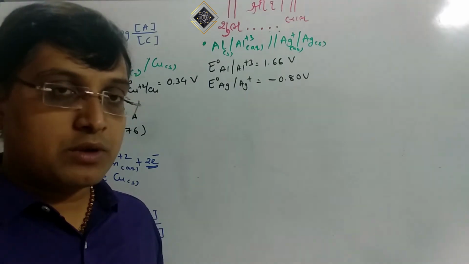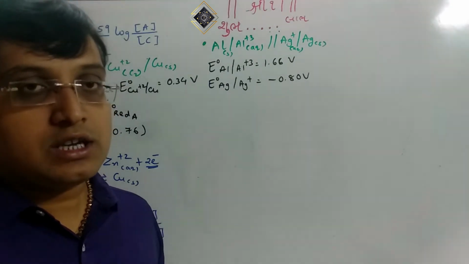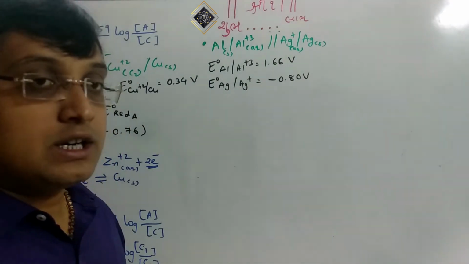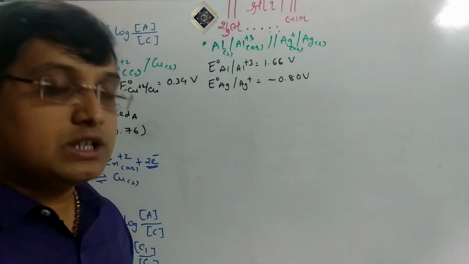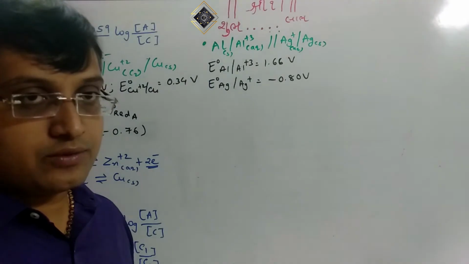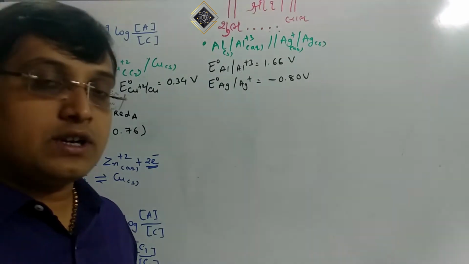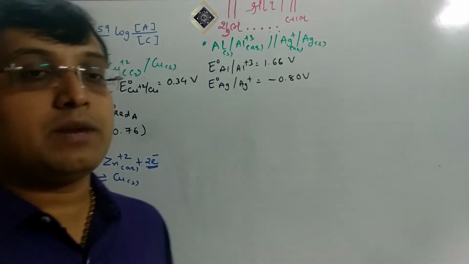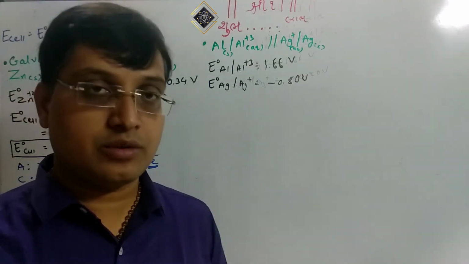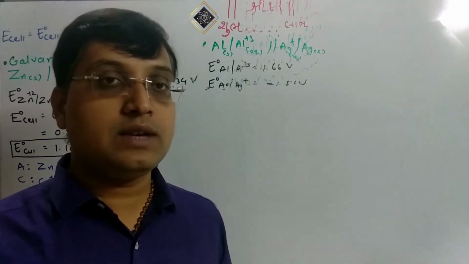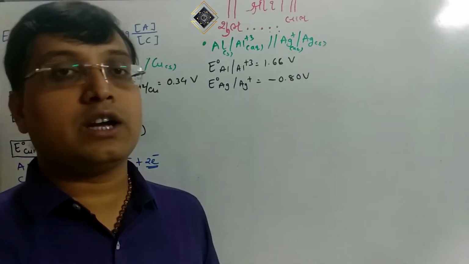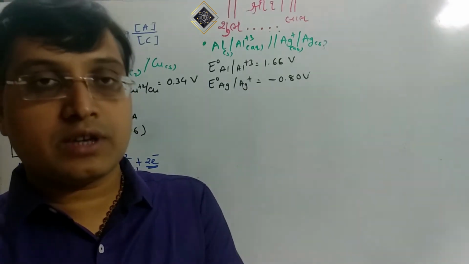Now step number 1, first calculate the E0 cell. Before applying the formula, let's check whether the given potential is in oxidation form or reduction form and decide the formula. If it is in reduction form, then we have the formula E0 cell equal to reduction of cathode minus reduction of anode. And if it is in the form of oxidation, then E0 oxidation of anode minus E0 oxidation of cathode.